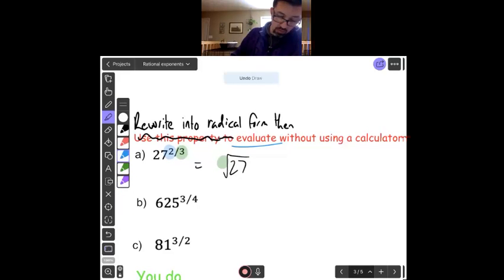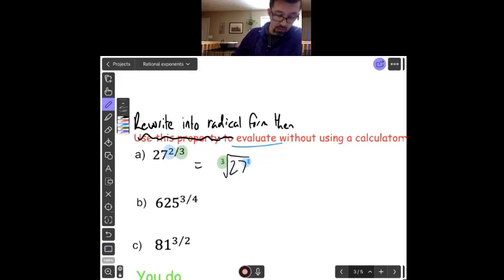The numerator is always the power. So I want the cube root of 27 squared. Cube root of 27 squared. So I'm going to say that again. 27 to the 2/3 power equals the cube root of 27 squared.